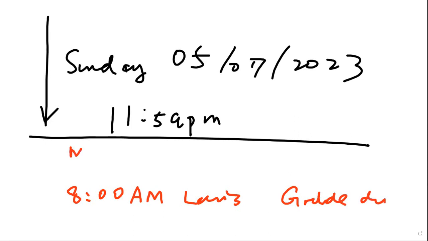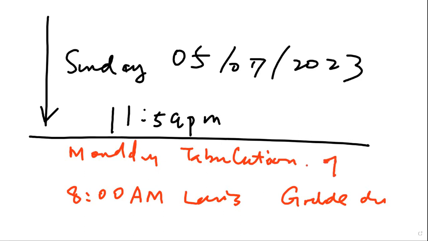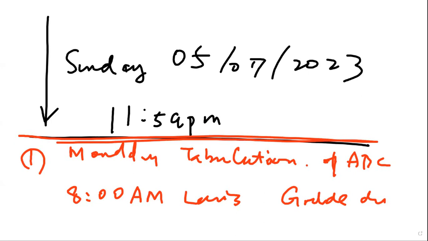So I need Monday to tabulate it, to do tabulation on your grades, A, B, C, D, whatever. I need 1 day to do it. So the absolute due date is here. Don't even negotiate.